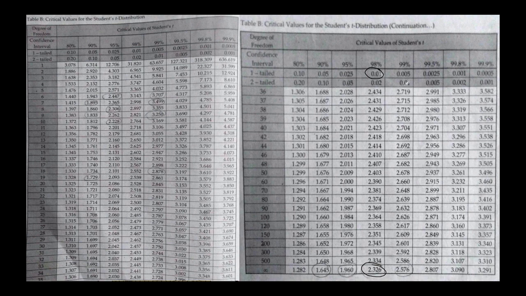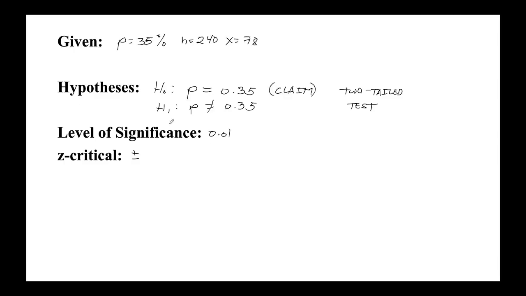Since we don't have here a degrees of freedom, dahil ang topic is proportion, dinivide natin sa x and n, wala tayong degrees of freedom, we are going to use the value at infinity, 2.576. Okay, so that will be our value ng z critical, plus minus yan.